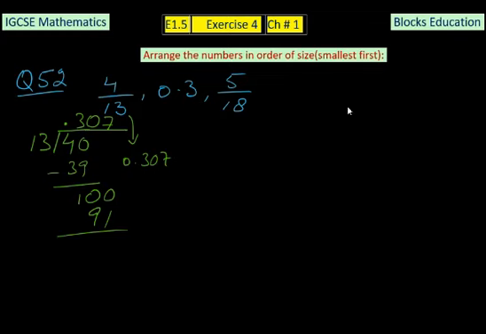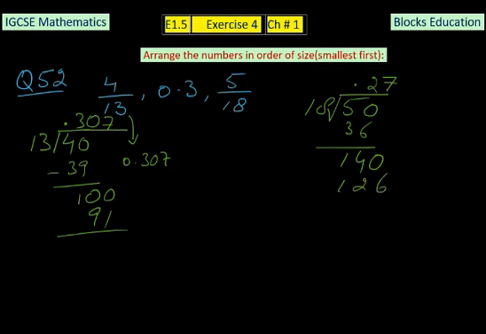Now what about 5 over 15? 5 over 18, in fact. So 5 inside, 18 outside, dot here, it is 50. 18 twos are 36, which is the closest, and we're left with 14. The decimal is there, you can add 0 to it, 140, and the closest will be 18 sevens are 126. That's it. So it is 0.27, and now you can clearly see that this is the smallest among these numbers.